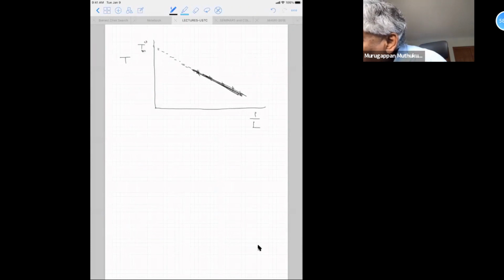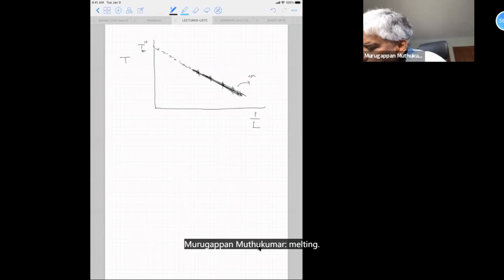These are data, and this is extrapolated. This is called a melting curve, a melting line.